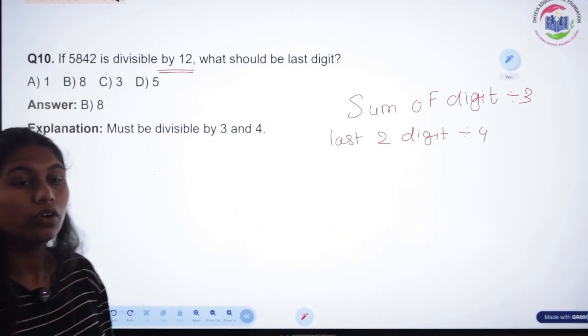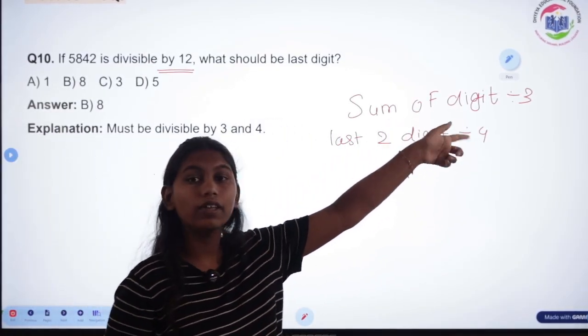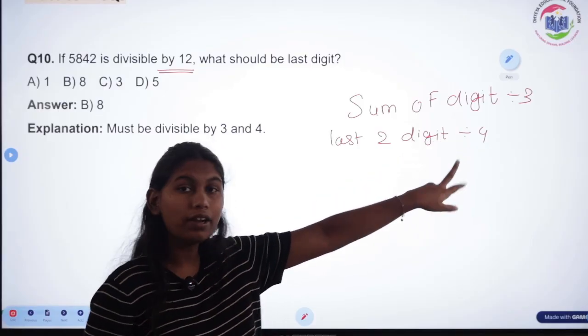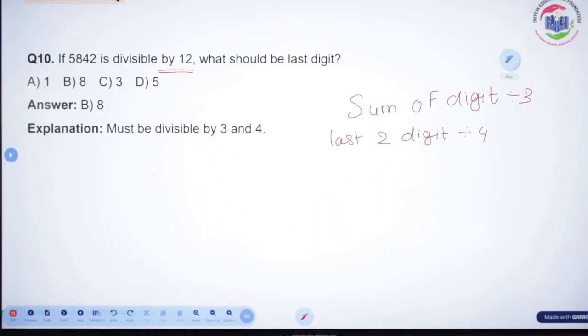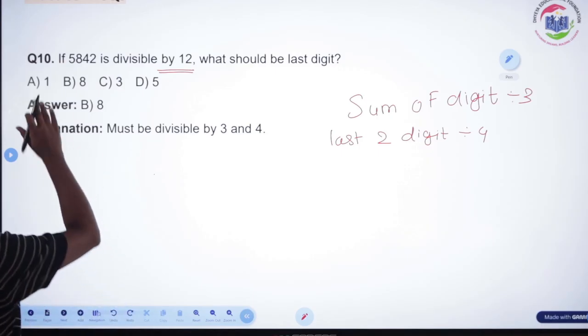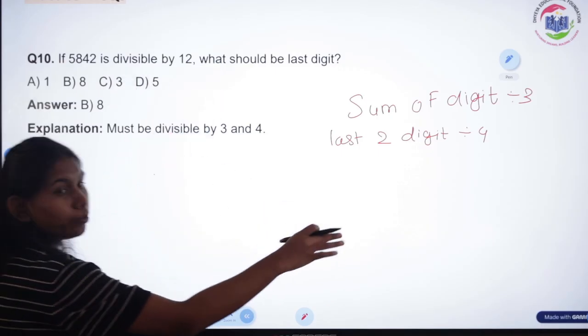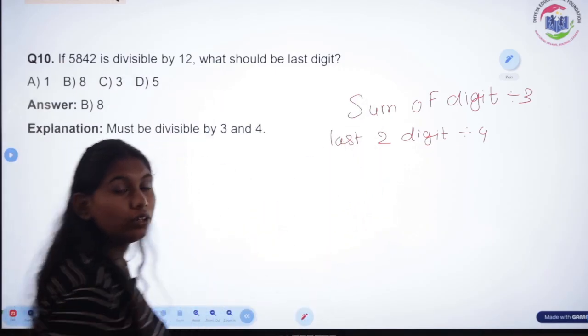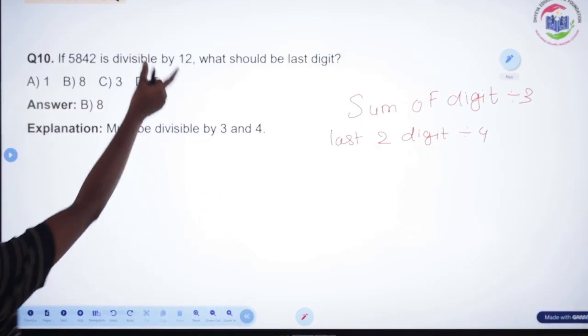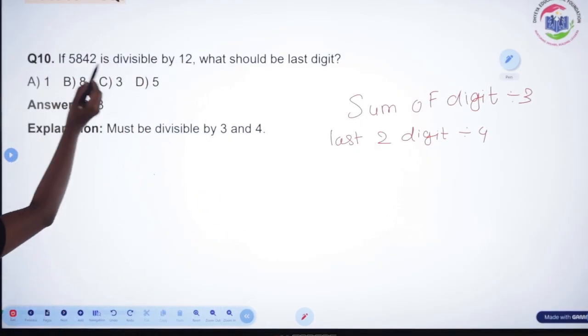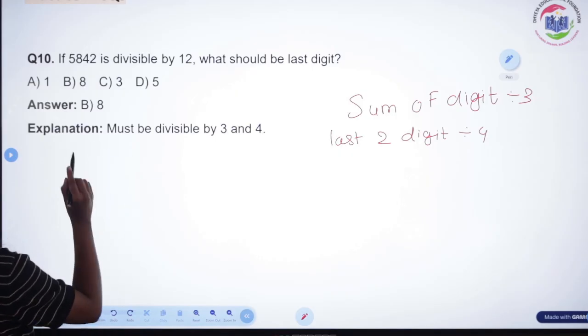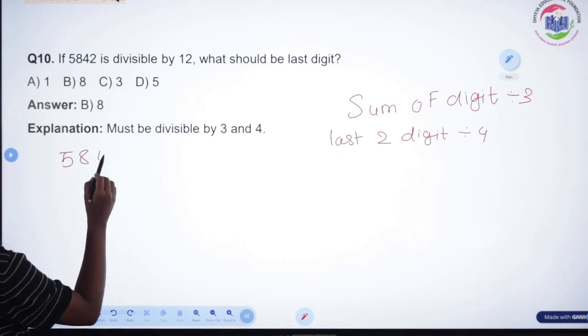So this is the rule for checking if the number is divisible by 3 and 4. Okay. So let's start. And when the number is divisible by both these numbers, then it will be divisible by 12. Okay. So next, taking the number as 5, 8, 4, 2.